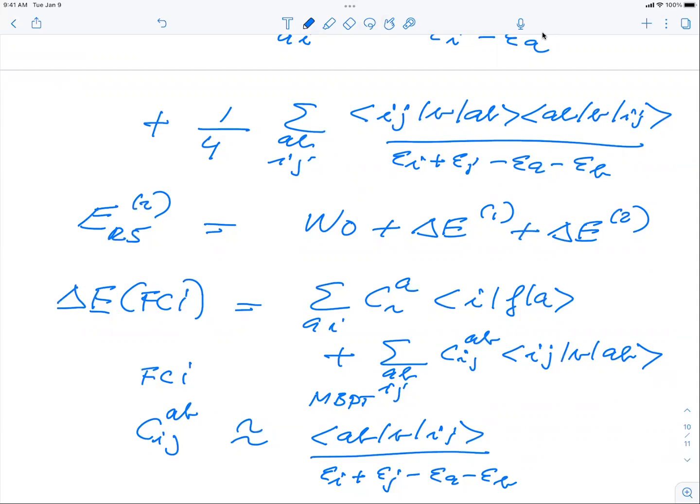So you have a much larger set of Slater determinants. The con in this specific case is the fact that you don't know whether many-body perturbation theory converges. You may get a reasonable result to second order, and then third order may ruin everything. And then fourth order may bring you back to a reasonable result, and then fifth order may ruin everything again. So this is something which you don't know a priori, whether it converges or not.